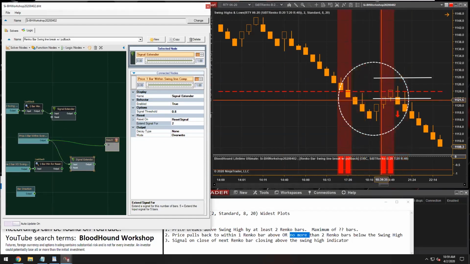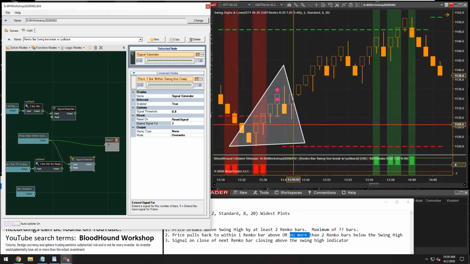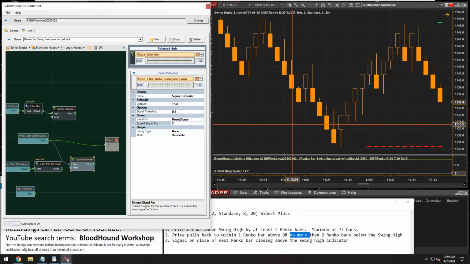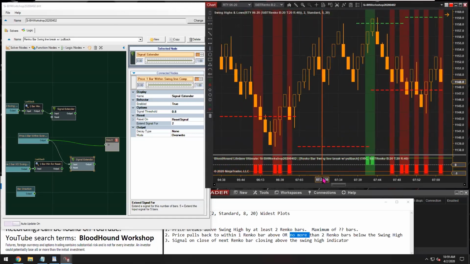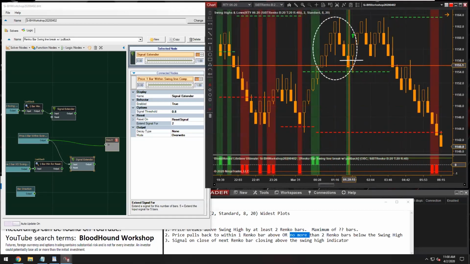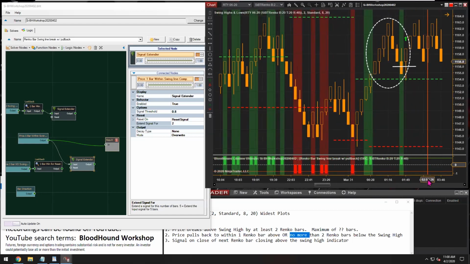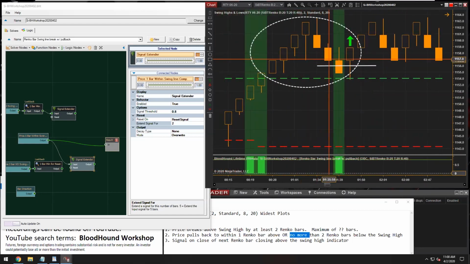So what we've done is, let's see here. No, I do have one. Let me go back here. We did have a setup here. Perfect, there we go. This is what I want. We want this setup here where price pulls back, but it doesn't cross our swing line. It just pulls back to the swing line, but doesn't cross it.